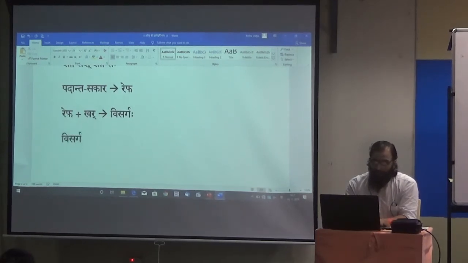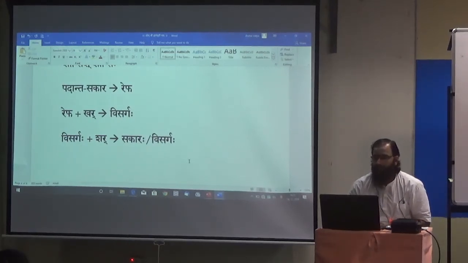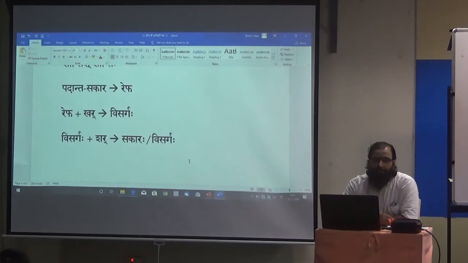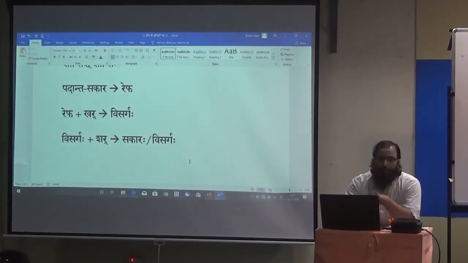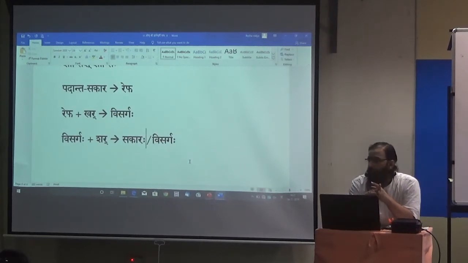When followed by shar letter, visarga either will remain as visarga or it will become sakara. These are the three rules: Padanta sakara becoming repa, repa becoming visarga when followed by a kar, and the visarga will remain as it is when followed by a shar or will be replaced by sakara. Clear? Very good.